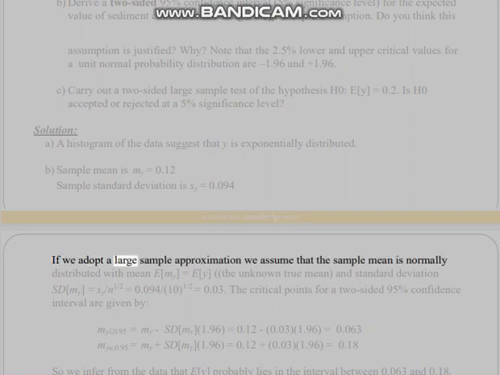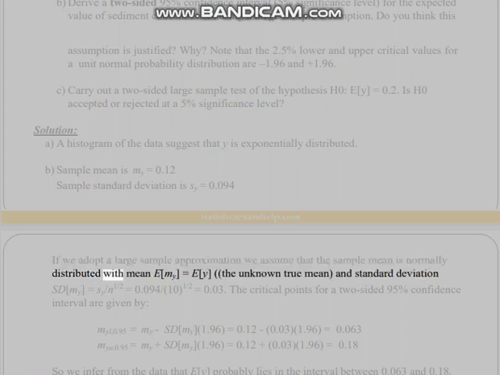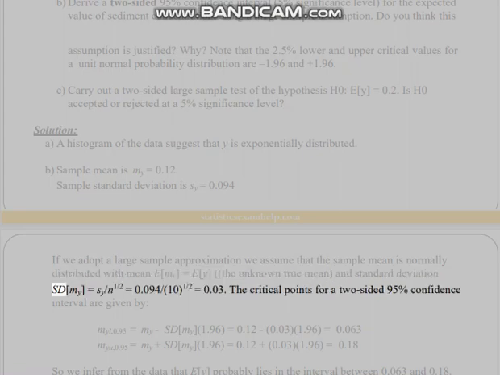If we adopt a large sample approximation, we assume that the sample mean is normally distributed with mean E[mean] equals E[Y], the unknown true mean, and standard deviation SD[mean] equals S_Y over n to the 1/2 equals 0.094 over 10 to the 1/2 equals 0.03.